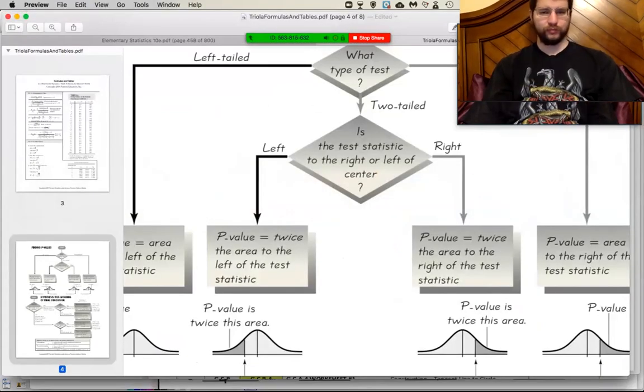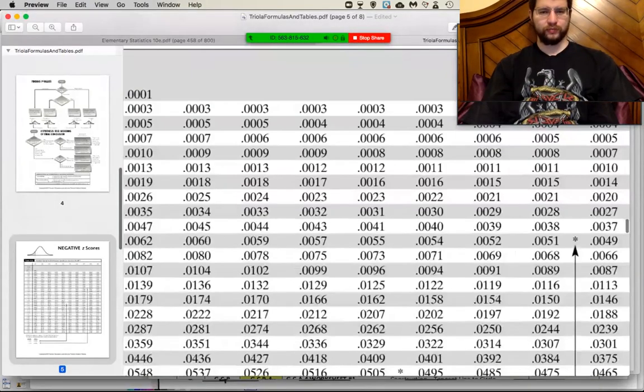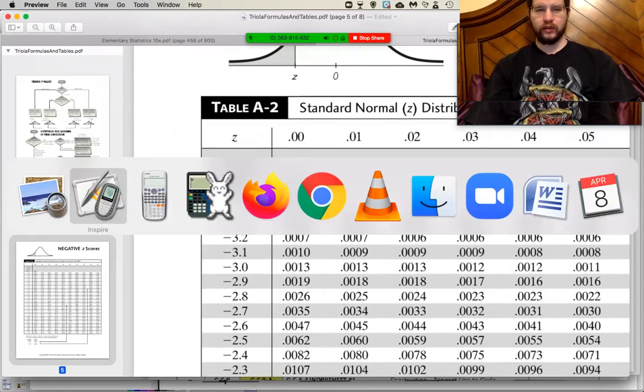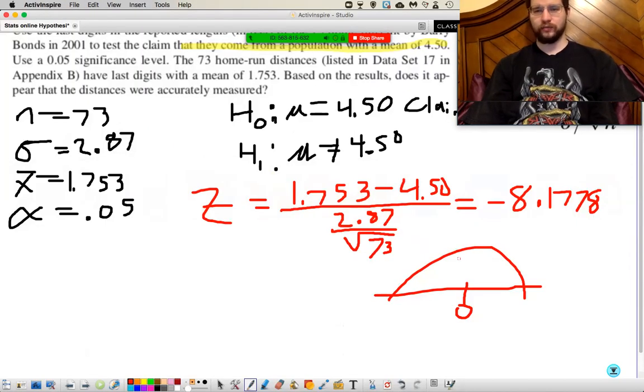Three zeros. Anything smaller than negative 3.5, just use 0.0001, and that's still going to be huge. Using a TI, we're going to get a much more accurate and much smaller p-value. But for this, it's a two-tail, so we get the area to the left, 0.0001.